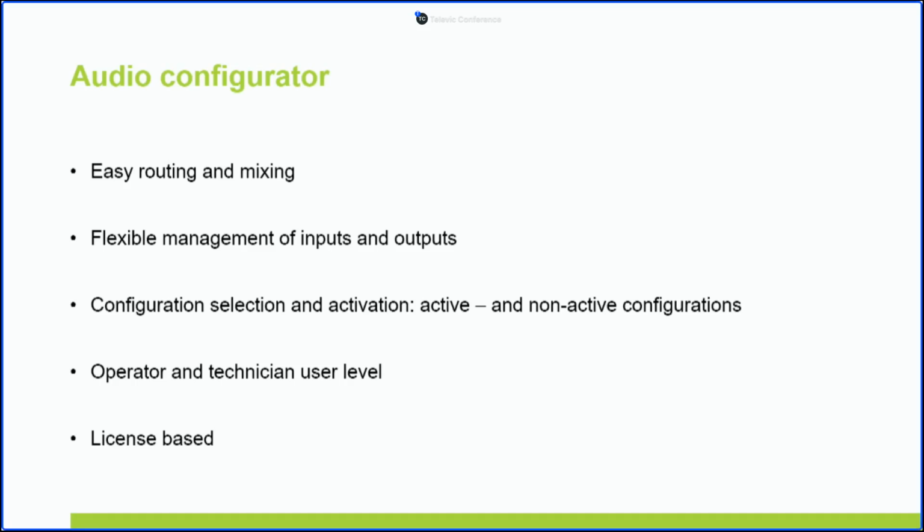They are not connected to each other, so you can install only the audio license if you only need to change the audio routing. If you need to do meeting management, you buy the Configurator 360 license, but they are not needed together. They are independent of each other.